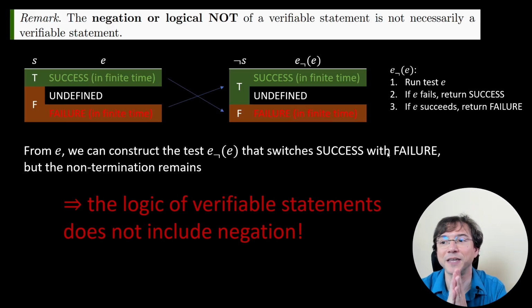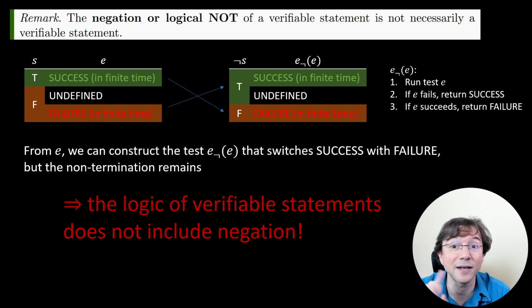So the first thing that should be clear is that the negation of a verifiable statement is not necessarily a verifiable statement. Because if we have a statement and its test, then it's verifiable, so it always succeeds if the statement is true. Making the negation basically means inverting the false with the true and the true with the false. But this means that we are also inverting the test condition.